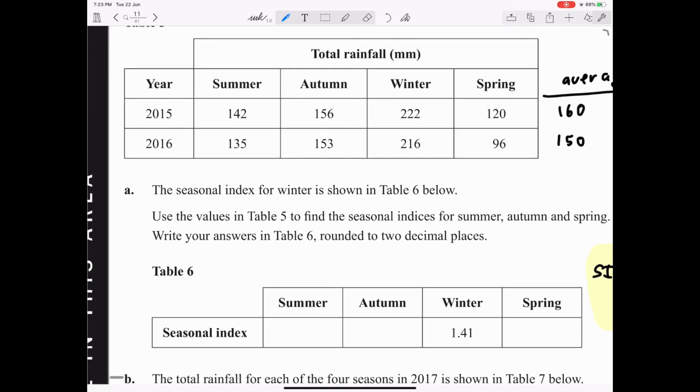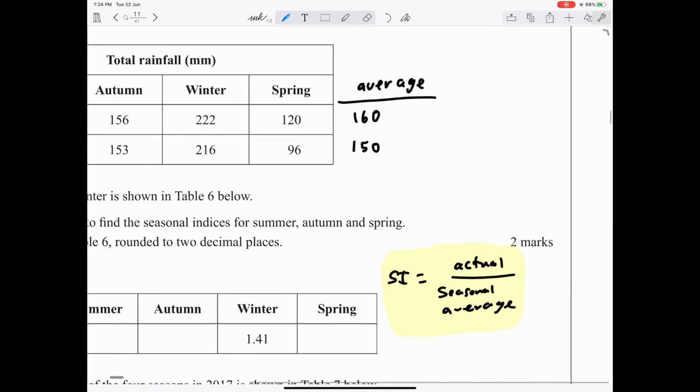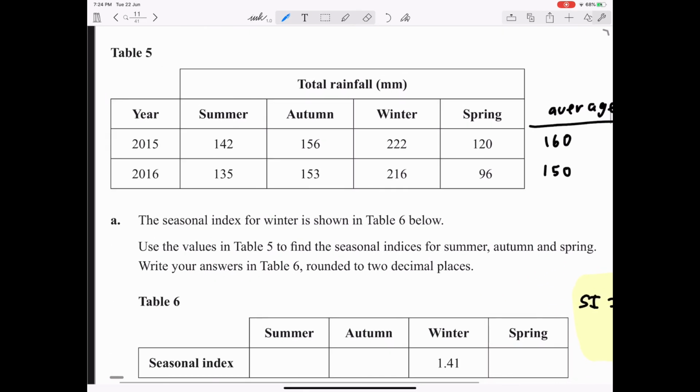So now basically you calculate the seasonal indices. First step, we want to find the seasonal index for summer. So to do this, find the seasonal index for 2015. We know that the formula for the seasonal index is actual on seasonal average. So if we use this formula for 2015, the actual value for summer 2015 is 142, divided by the seasonal average for 2015 is 160.